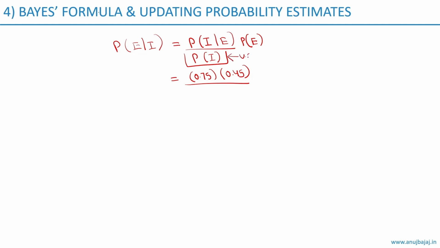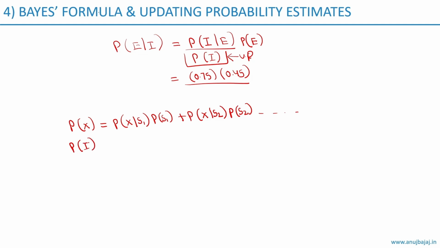This is the unconditional probability. We need to find out the probability of the information. If you remember the total probability rule, which said that the probability of a random variable equals the probability of the random variable given a scenario multiplied by the probability of scenario 1, plus the probability of the random variable given a second scenario multiplied by the probability of the second scenario, and so on. So in this case, the random variable is the information or the DriveMed expansion.